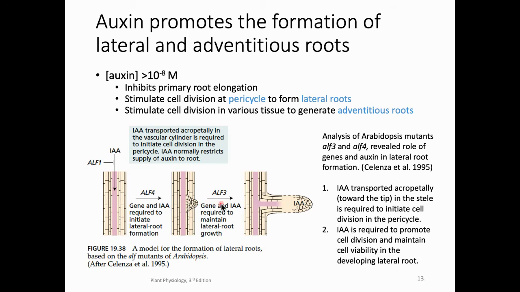But in the case of the adventitious root, I explained this already in the last video. Instead of producing more cell division in the pericycle, the stem has cambium tissue, and auxin promotes the cambium to divide more, and you get the adventitious root in the stem.